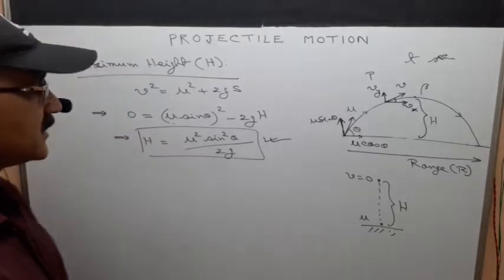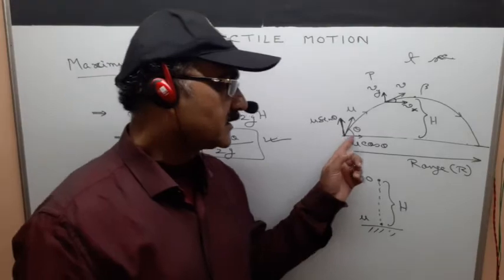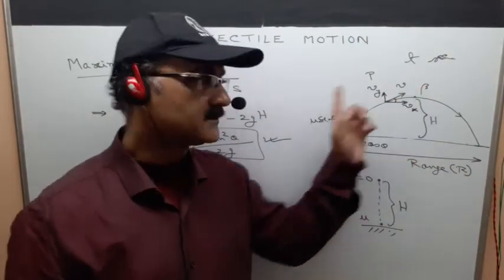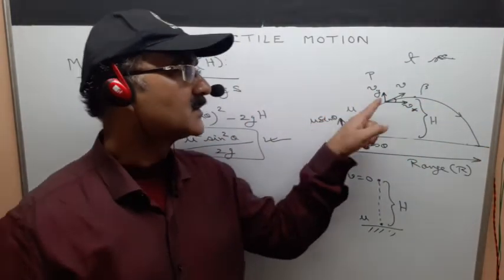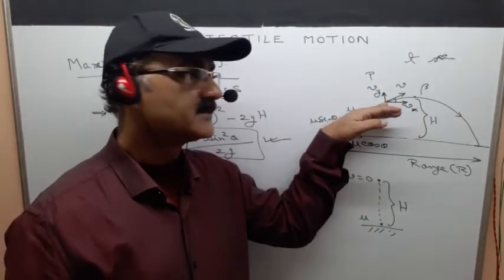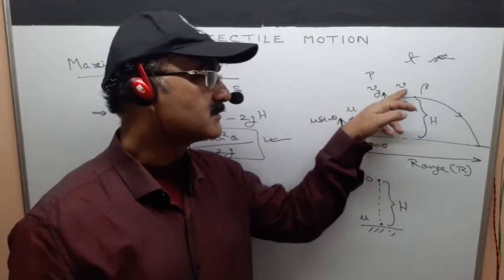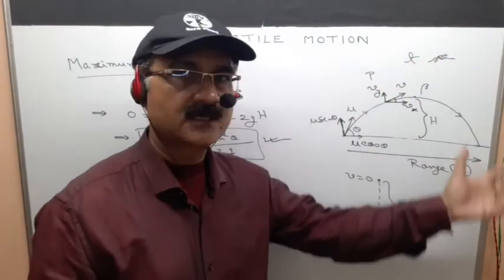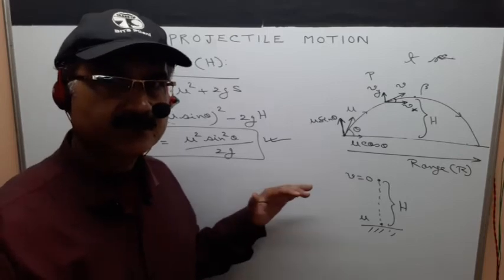Okay, now see what we have found out. We have found out the formula for range, formula for maximum height, formula for time of flight, formula for velocity at any point, the magnitude of this, and the angle beta this velocity makes with the horizontal. So these are all different things we have found out till this stage.